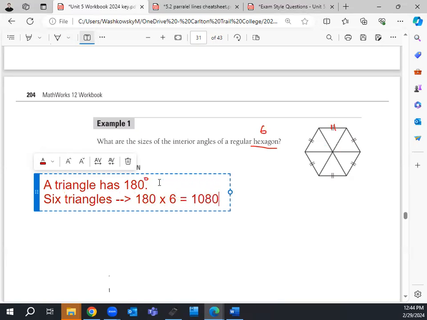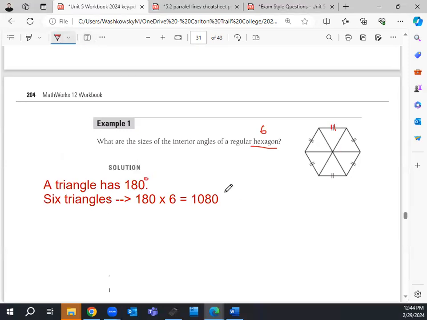We have a total of 1,080 degrees to work with. All the inside stuff here is 1,080 degrees.